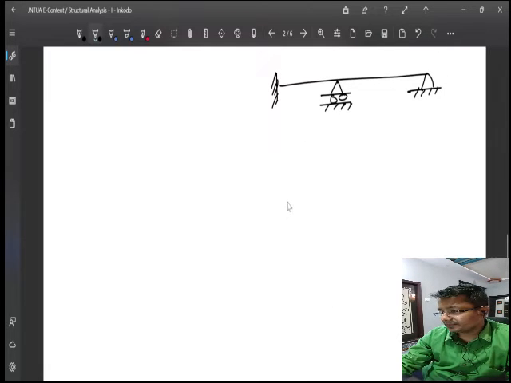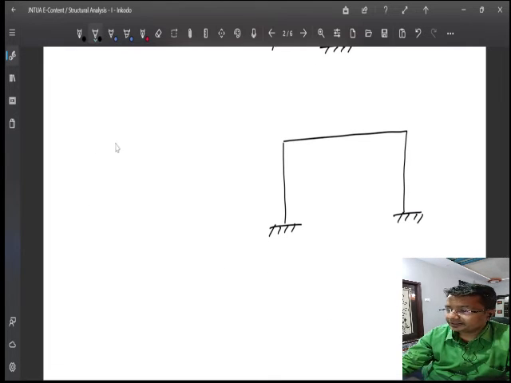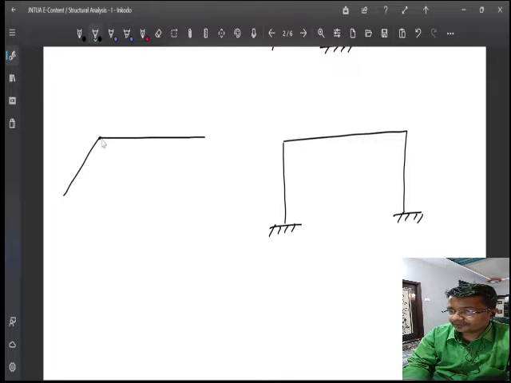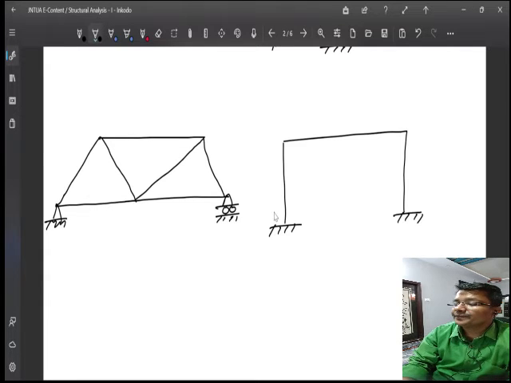Now let's take another one: a frame structure. Next, let us take a truss. I am really sorry for the drawing because my hand is very unstable, and I hope you can please adjust with it and don't mind.